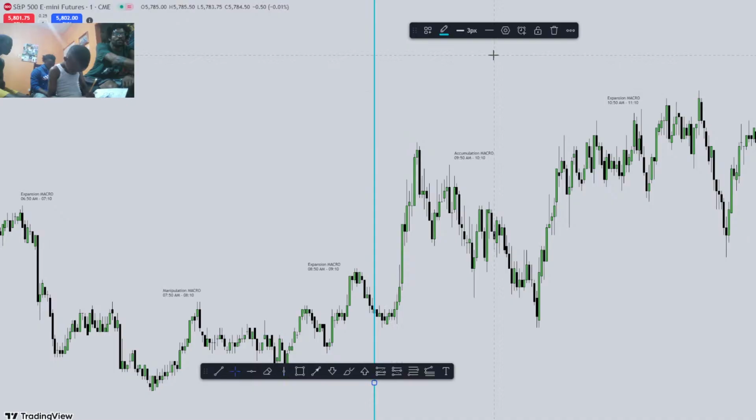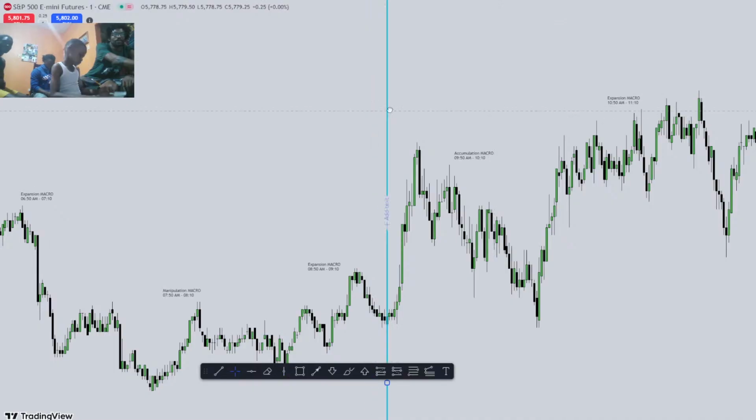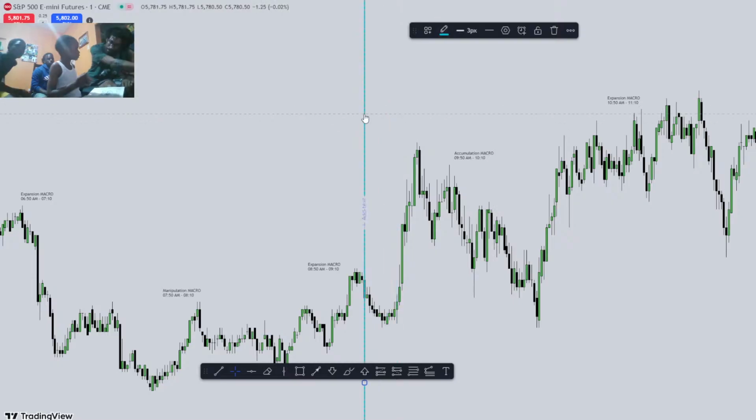So, Joel, it's your turn. What's the first step? It breaks below and retests. Just gotta write this way. Okay, if it breaks below, retest. Okay, retest and fails.